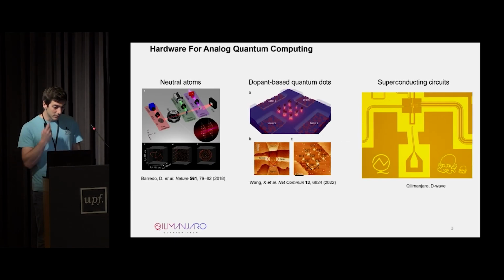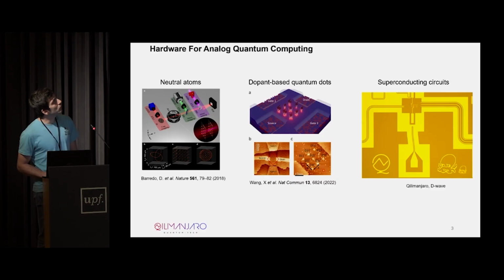People are trying to solve this problem using a bunch of different hardware platforms, and this is just a non-exhaustive slide summarizing a few of those. We heard throughout this conference about the possibility of using natural atoms on one hand.